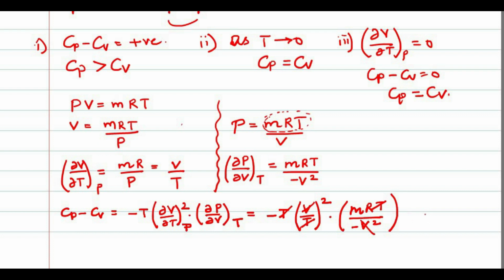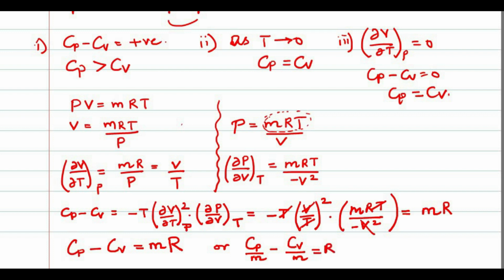Remaining I will be having minus into minus is plus and m into r. So Cp minus Cv is equal to m into r. Or I can write like this, Cp by m minus Cv by m is equal to r. So what is Cp by m? Cp by m is the specific heat capacity. So small cp minus small cv is equal to r.